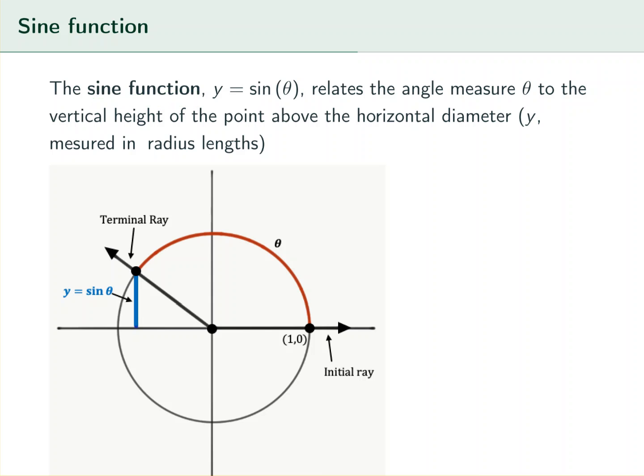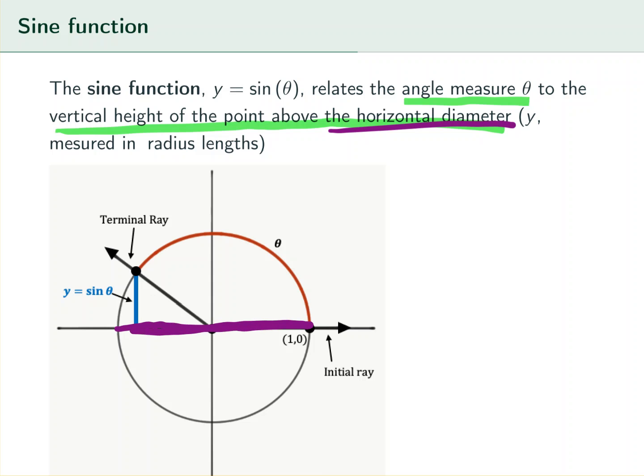So the sine function, y equals sine theta, relates the angle measure theta to the vertical height of the point above the horizontal diameter measured in radius lengths. Let me elaborate. The horizontal diameter is right here in the circle. What the sine function does is it takes this input right here, theta, this angle.